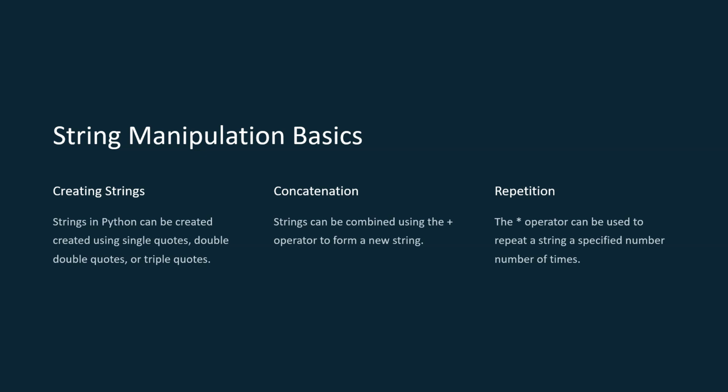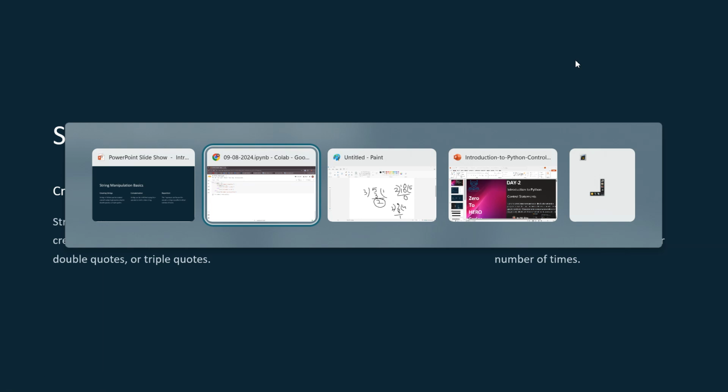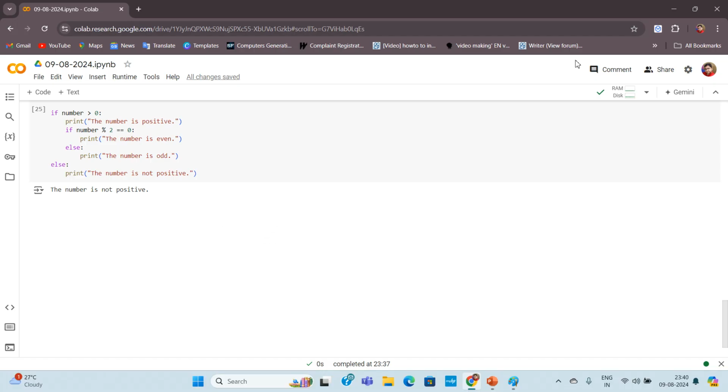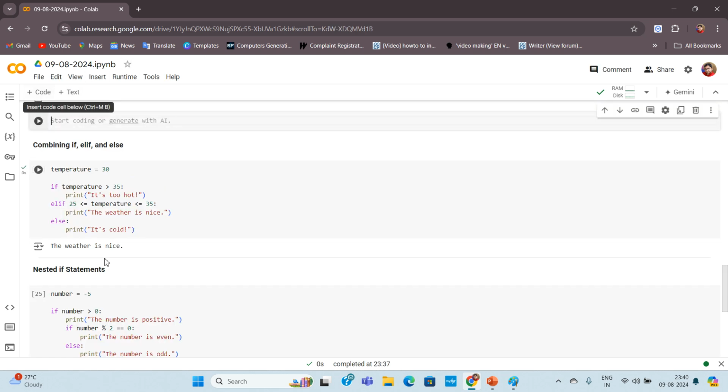So repetition of operator is very simple. I am just showing you the repetition of operator, how it is working. I'll take a fresh code here and write print, 2 into, under double quotation, 2 into Rajiv, and I'm going to run this.